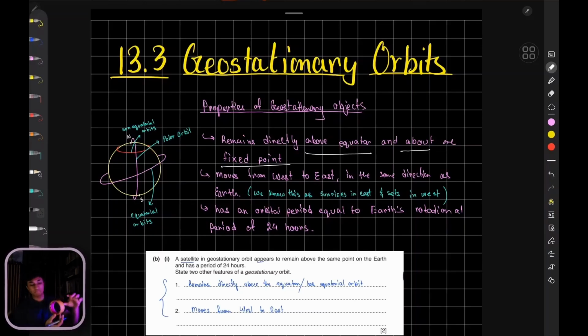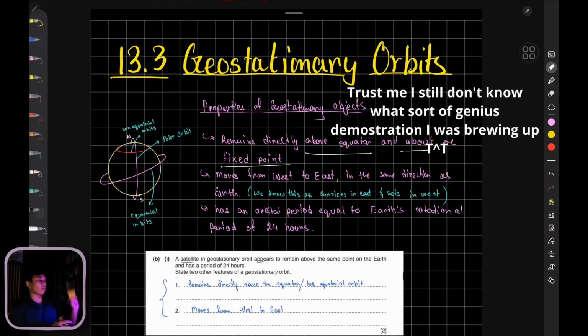Now notice one thing. If I revolve this Scotch tape around in that direction, what you're going to see is above the North and South Pole, it is rotating, right? Fair enough. So now let's take this finger as the satellite.